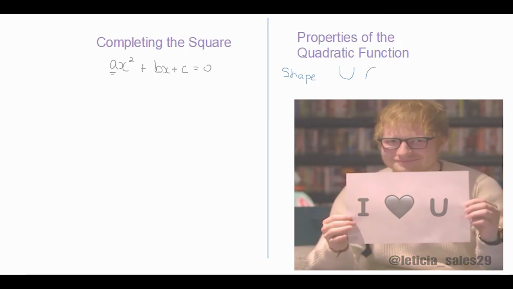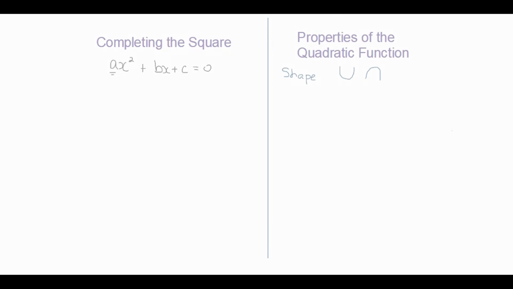It can either be a U-shaped curve or an upside down U-shaped curve, and in these cases, when we talk about the nature of the curve, our nature would refer to whether or not it's a maximum or a minimum function. So we always need to know when we identify a maximum function curve and when we can identify a minimum function curve.